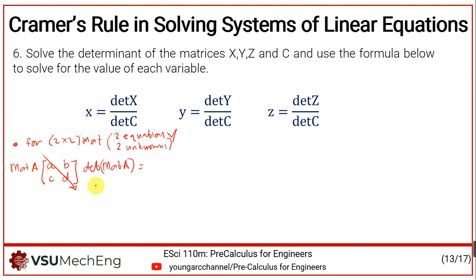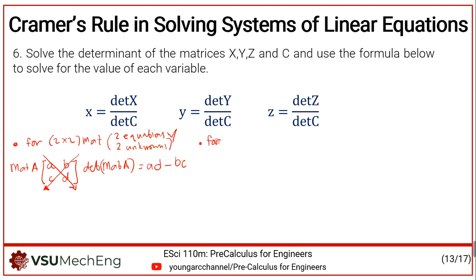You're going to multiply these two elements, so a times d, then minus, draw a diagonal that is opposite in direction from the first, so b times c. If the diagonal is in the opposite direction, the operation is subtraction, so minus b times c. So that's it. This is how you solve the determinant of a 2 by 2 matrix. This applies for two equations with two unknowns.